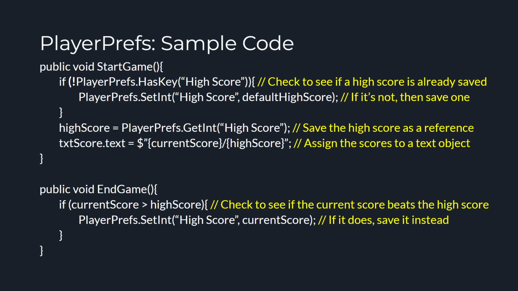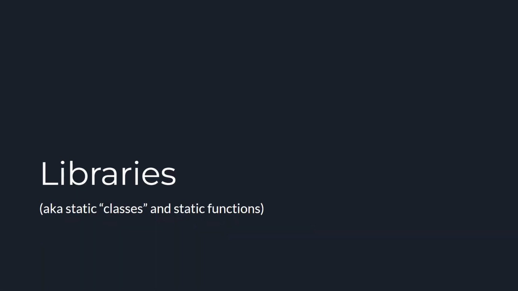Whether you wait till the end of the game or every time the player beats the high score, like most arcade games, the moment you pass the high score, you indicate that. So maybe you want to save it right away and do something so the player feels better about the fact they just earned the high score and they're not lost. Up to you. But you can wait till the end, or you can interactively change it all the time. Careful of overhead and that kind of thing. All right.